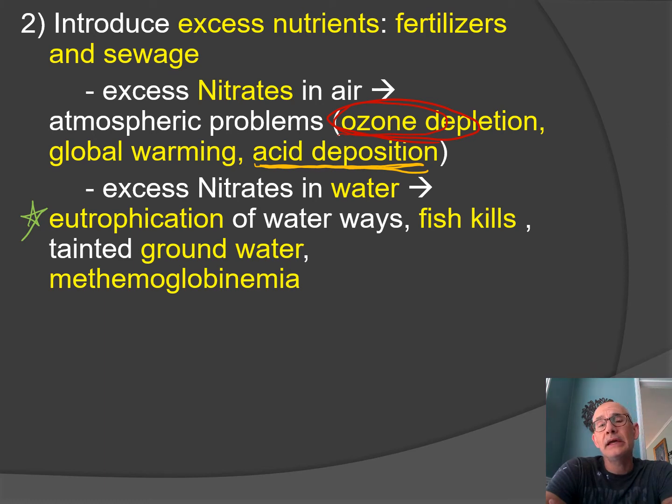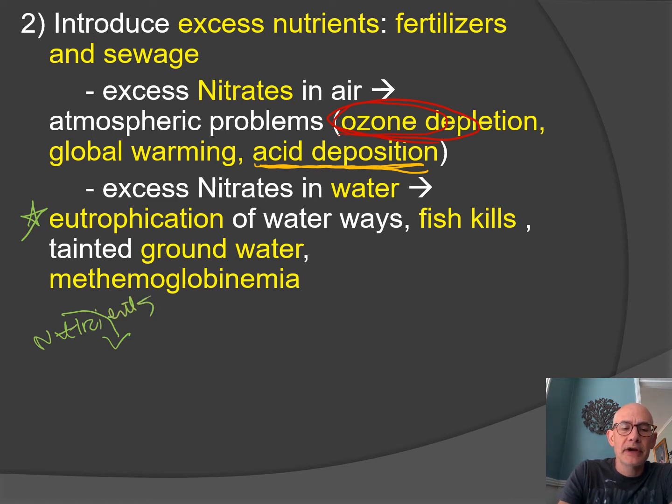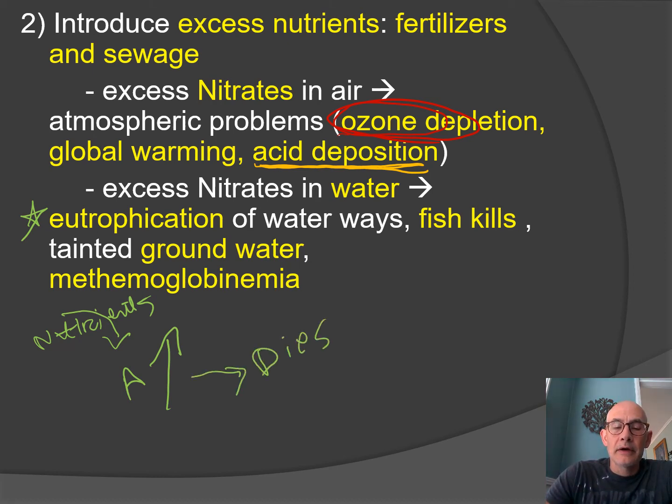And that's initially true, but what begins to happen is as the nutrients come in, your algae growth goes up, and then the algae begins to die. And once the algae begins to die, that begins to be decomposed.